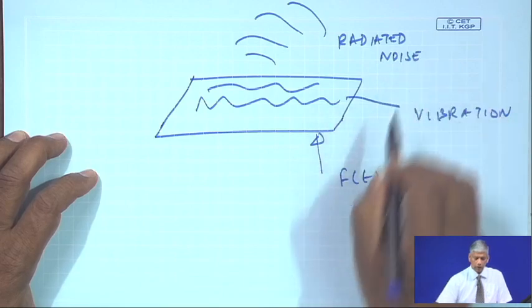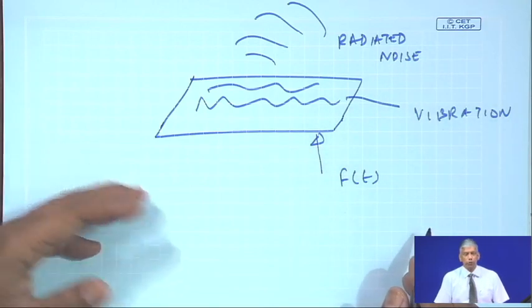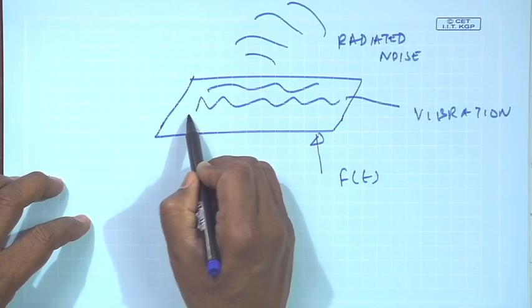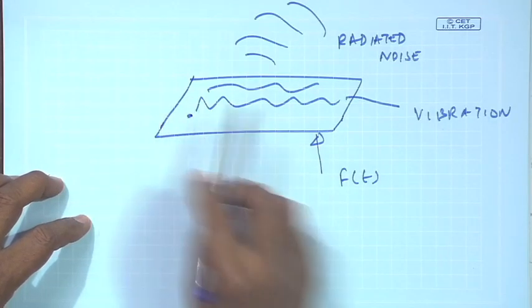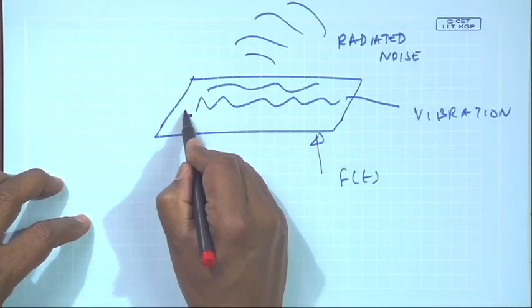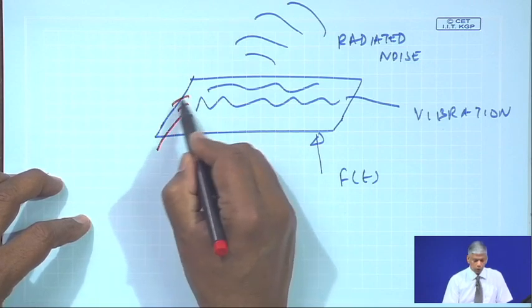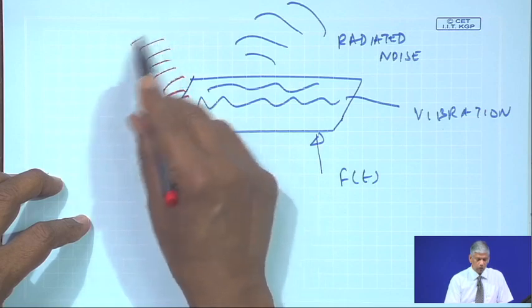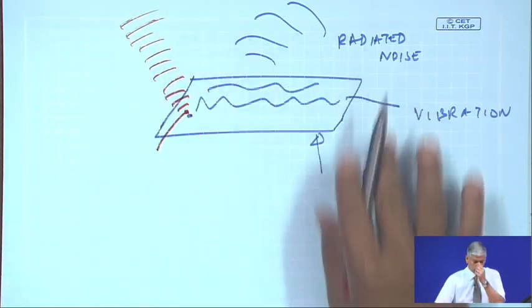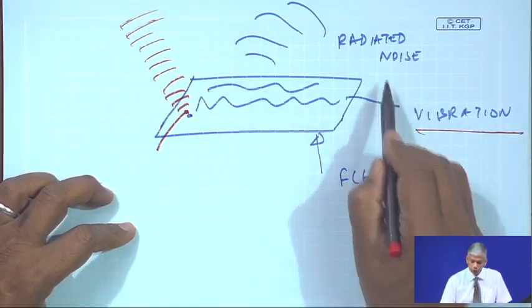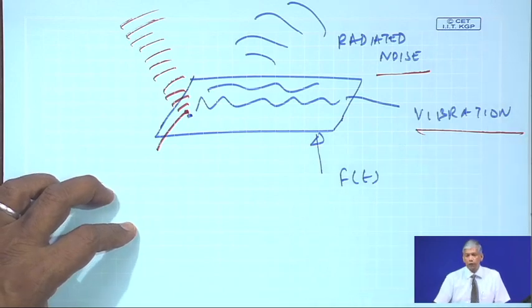Any panel, or in fact any matter which vibrates will generate certain noise, because if this surface has a motion, you can imagine the air molecules next to the surface will also have the same motion, and once the air molecules are in motion, they will generate a wave. And this happens all throughout. So, vibrations generate noise. In fact, in many of the noise control approaches, you will see people reduce the vibrations to control noise.